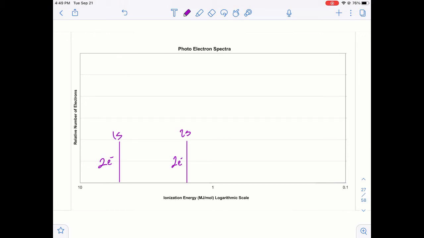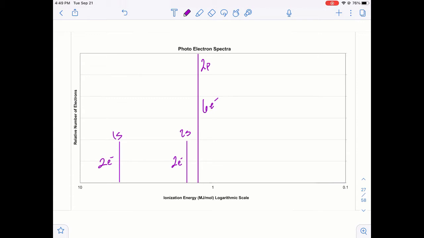Now, if we look at our diagram here, I've got 6 little circles to represent electrons. So I'm going to have 6 electrons in the p sublevel. And the p sublevel is going to have a little bit less ionization energy than the 2s, but it's also going to be 3 times the height to represent 6 electrons.